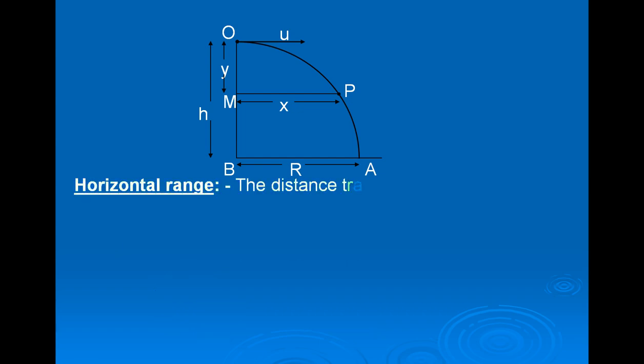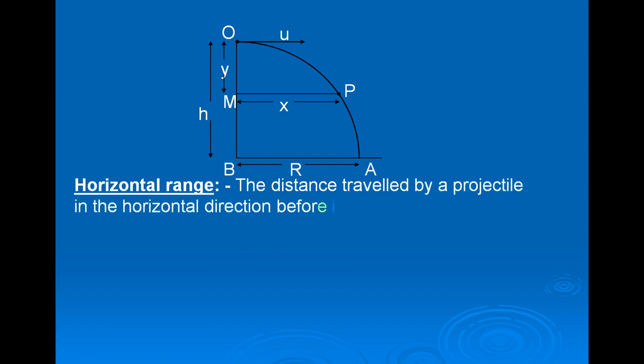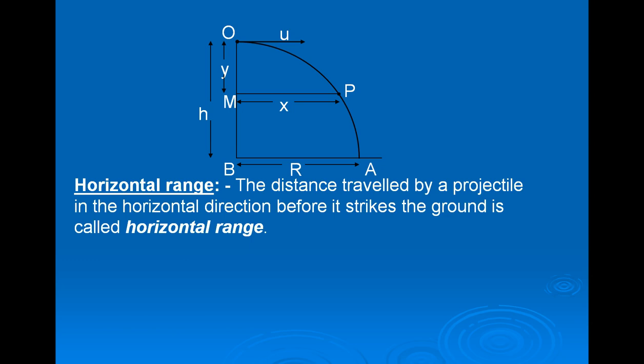Now the next topic is horizontal range. The distance traveled by a projectile in the horizontal direction before it strikes the ground is called horizontal range. In the diagram, BA, that is capital R, is the horizontal range. To find this, consider the motion in the horizontal direction.